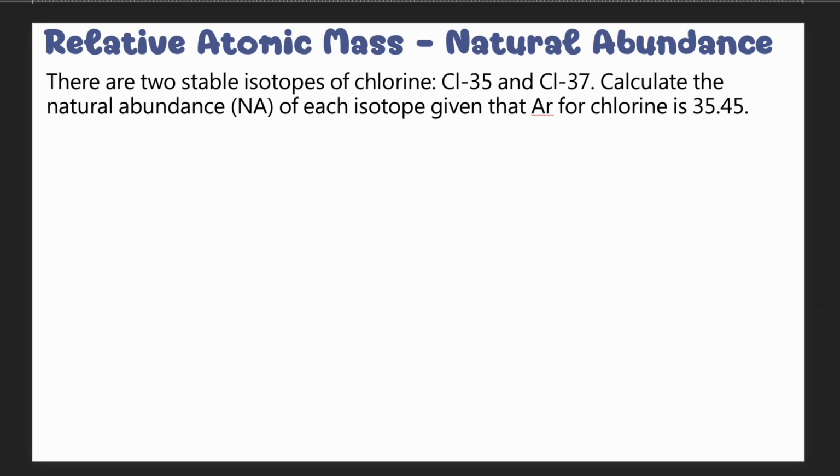Okay? Next, let's calculate this one. There are 2 stable isotopes of chlorine: 35 and 37. Calculate the natural abundance. So the Ar is known, but we need to calculate the natural abundance. We can do it this way.